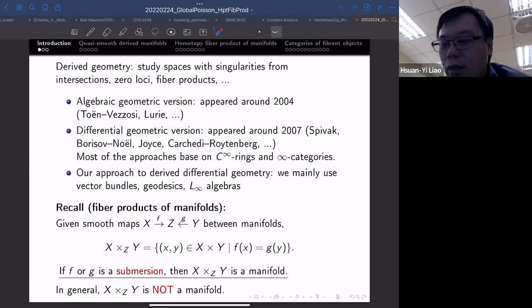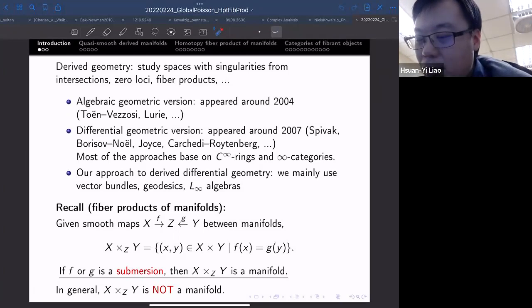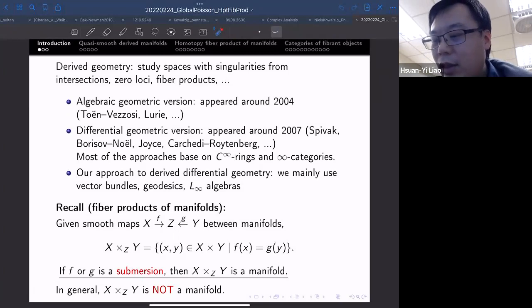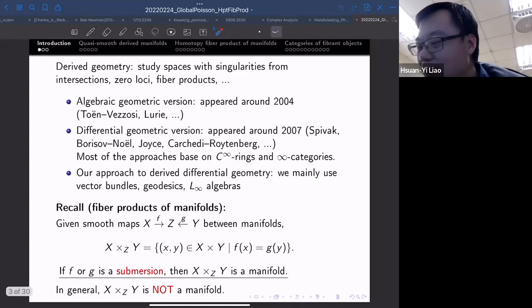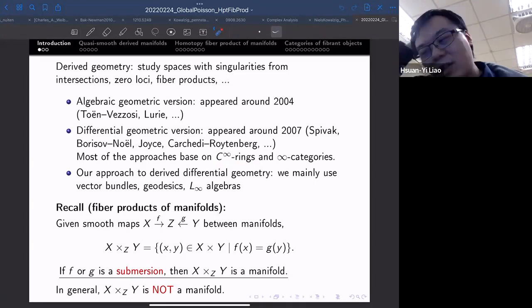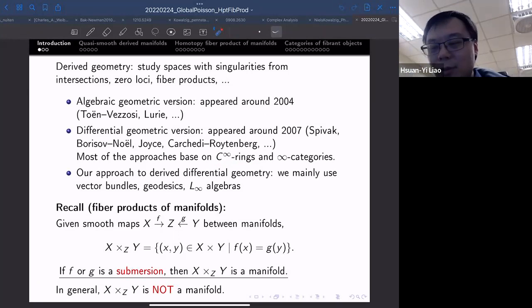For the differential geometric version, there are several approaches, and most of them are based on something called C-infinity rings. For some reason, we decided to avoid C-infinity rings and develop a different approach.